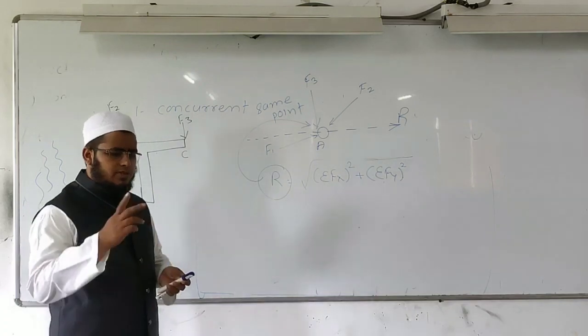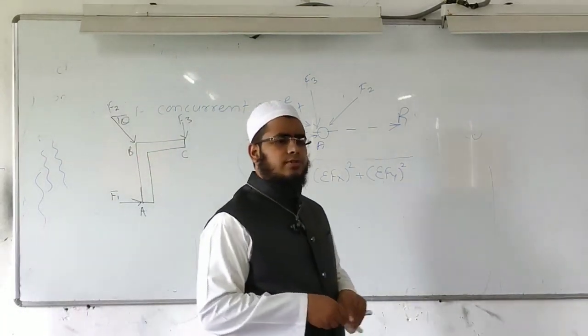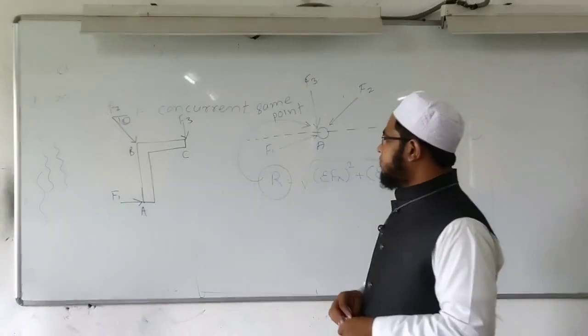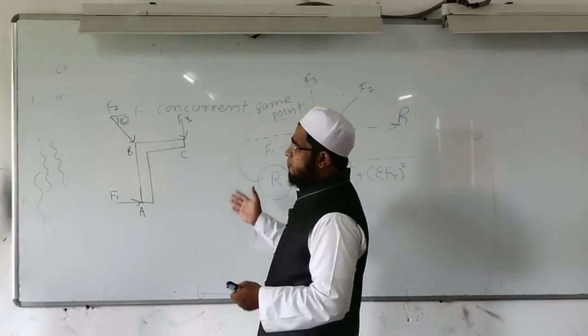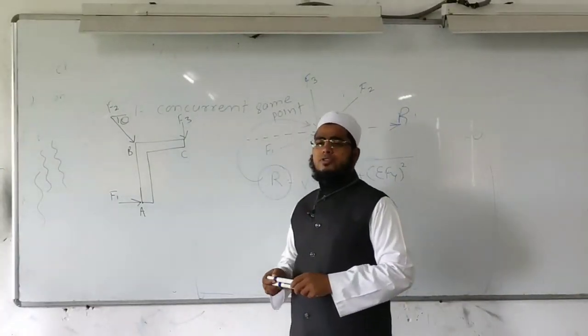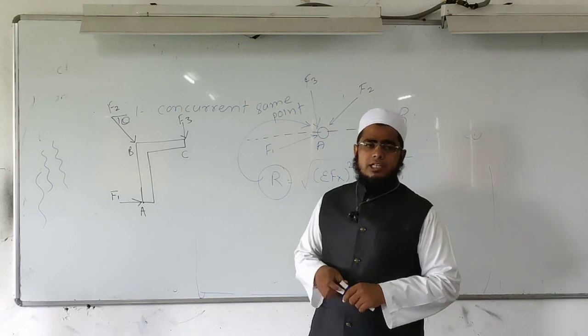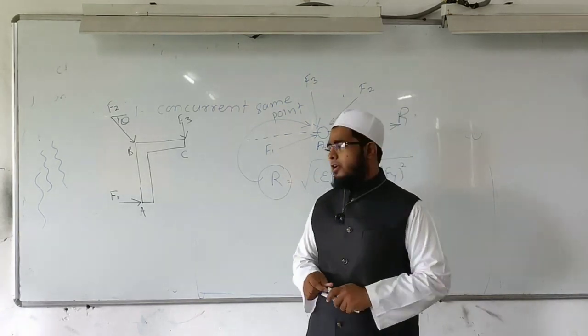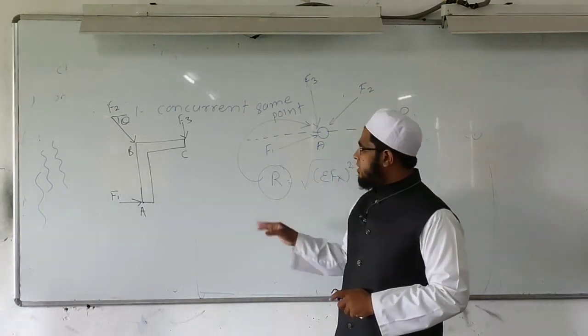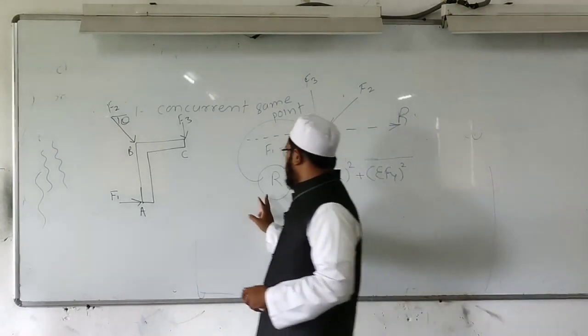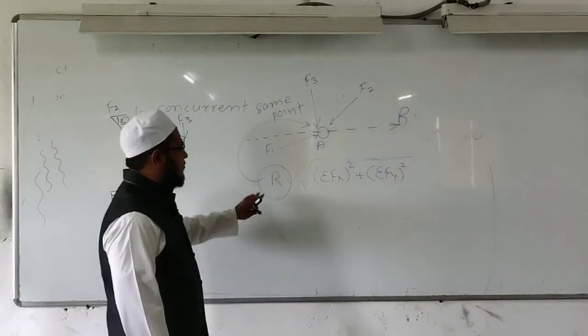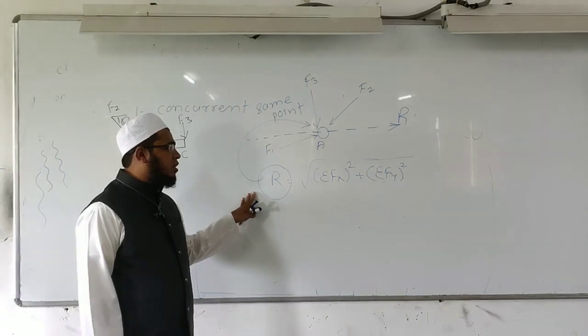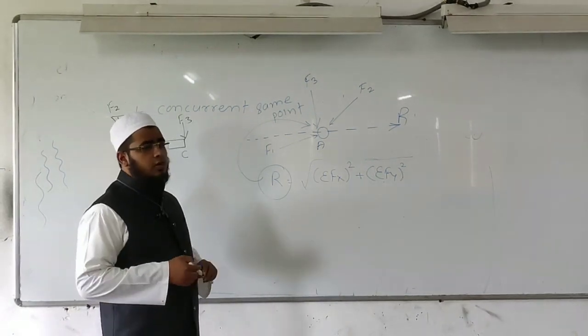What are the steps? The first step is we resolve all the inclined forces. After the resolution, we find the algebraic sum of horizontal forces, summation Fx, and the algebraic sum of vertical forces, summation Fy. Then we use the formula R equal to under root of summation Fx square plus summation Fy square to determine the magnitude of the resultant.